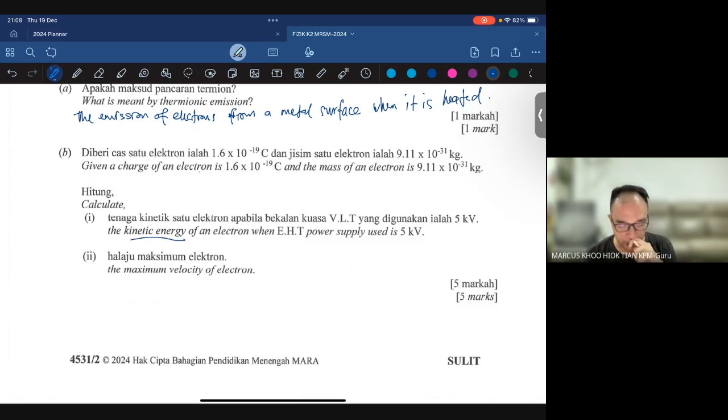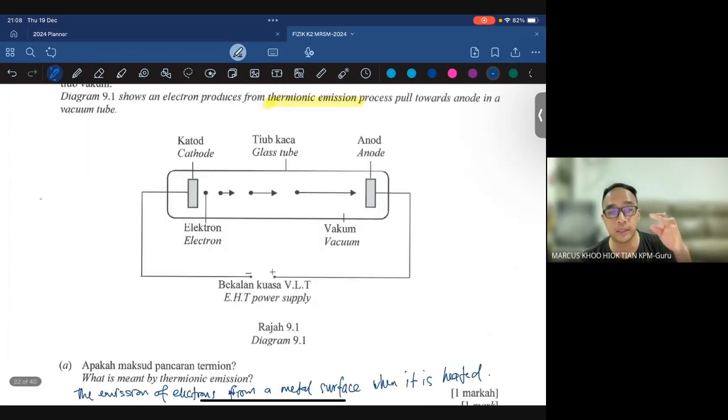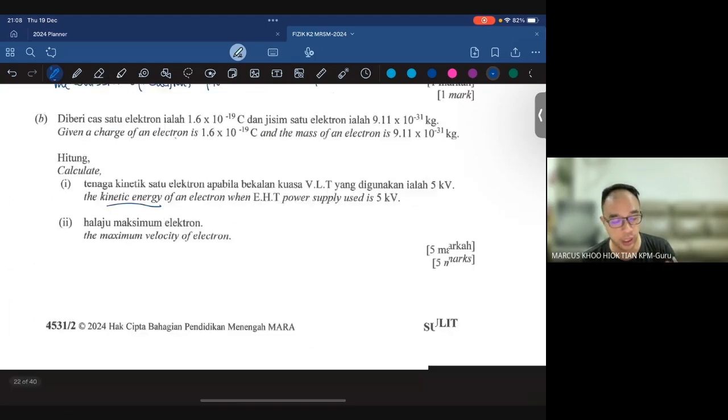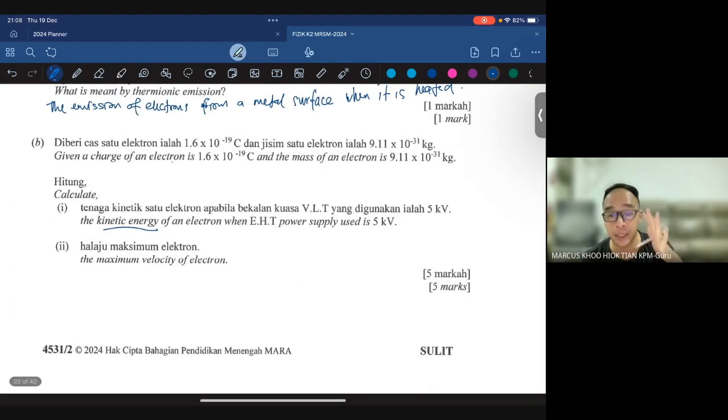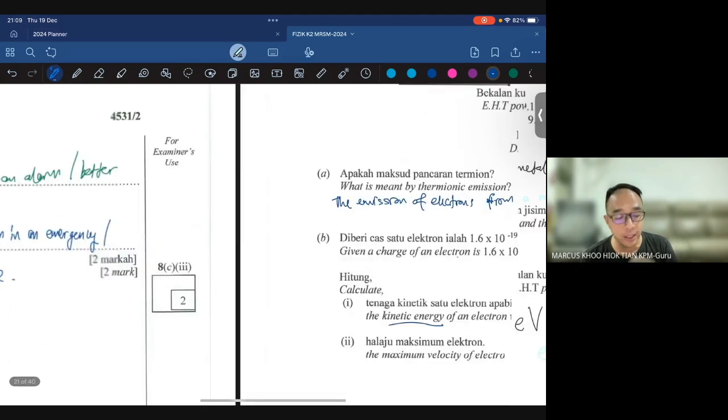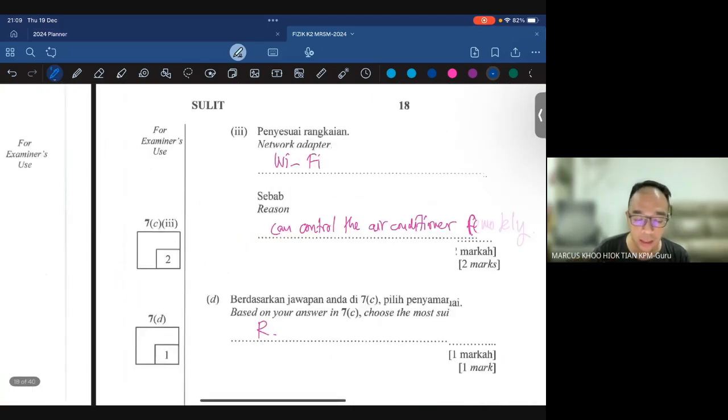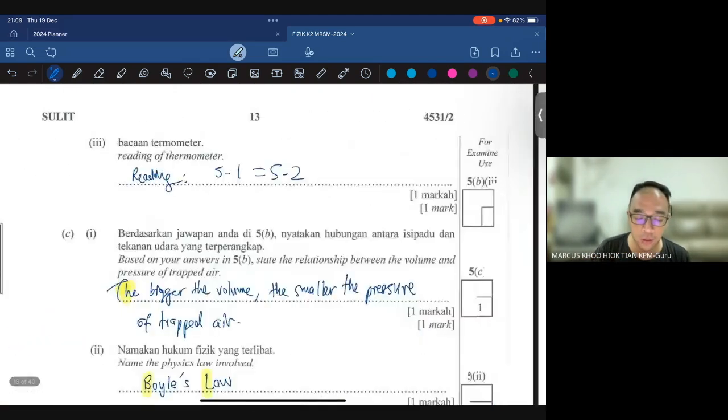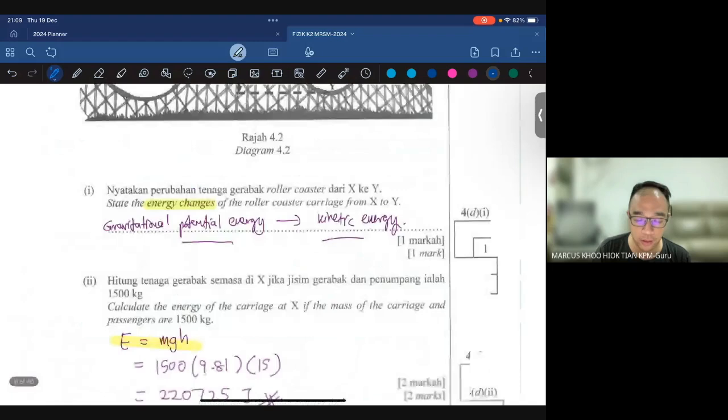Okay, let's first talk about this. In terms of thermionic emission, okay, dia memang akan ada kaitan dengan kinetic energy. However, the formula that we learn is that the electrical potential energy is EV. Okay, this is almost the same situation actually yang macam yang roller coaster tadi itu. This one.